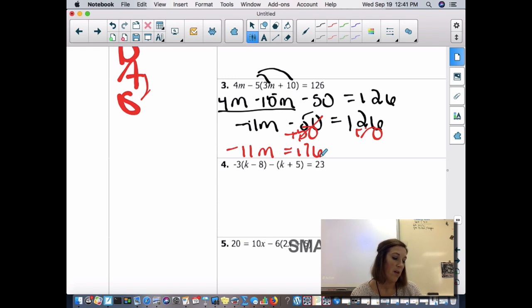Okay, then we need to get the m by itself. So negative 11 times m is what it says. So the opposite of multiply is divide. So we are going to divide both sides by negative 11. So m equals 176 divided by negative 11 is negative 16.